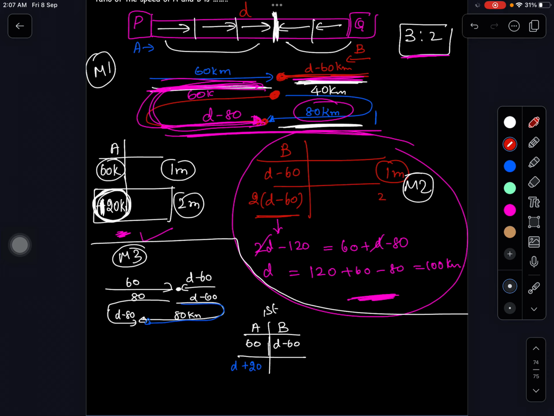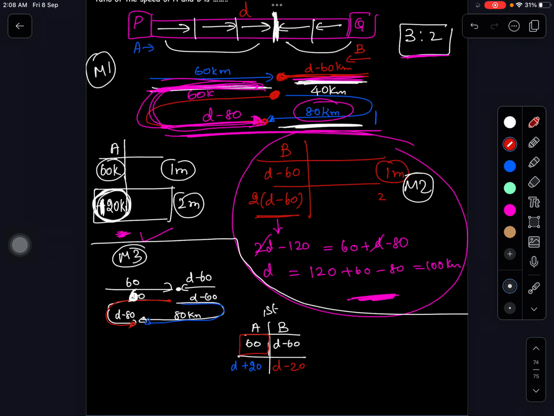Now what is the distance traveled by B from the first meet until the second meet? B has covered 60 plus D minus 80. So it is D minus 20.